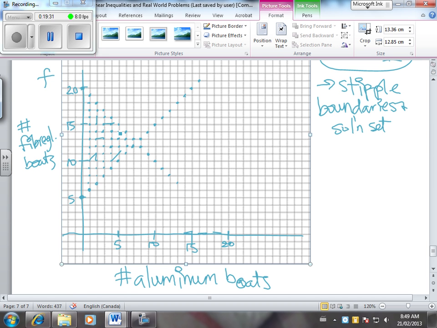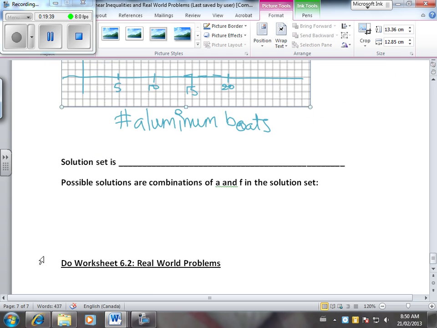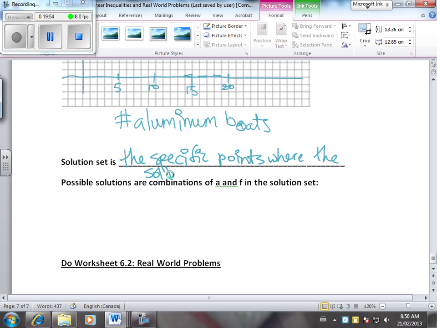And if you wanted to, you could test some points to verify your solution. If we go down here, the solution set is the specific points where the solution regions of each inequality overlap.